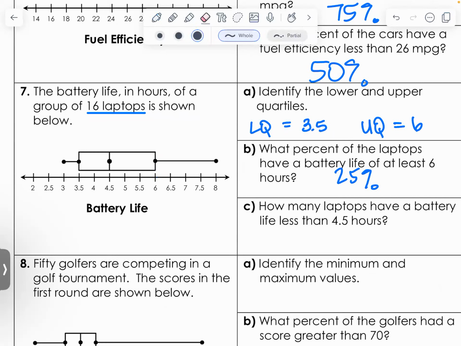Less than 6 hours would be 75. How many laptops have a battery life of less than 4.5 hours? So first of all, I want to know what percent, DJ. Okay, it's 50%, but we're going to have to take 50% and multiply it by what? Okay, so we only have 8 laptops.